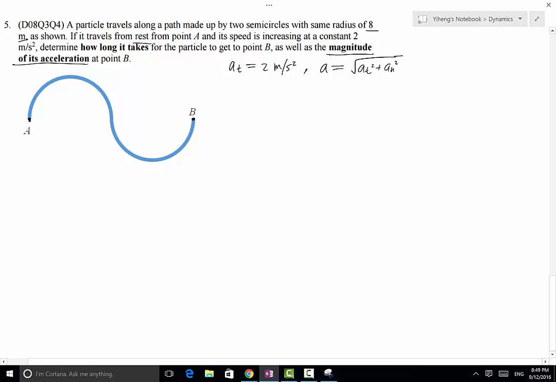AT is a constant, therefore we need to find AN, which means that we need to know VB squared, where VB is the speed at point B, over rho. And rho is known, that's 8 meter constant. And of course, we need to know the time.